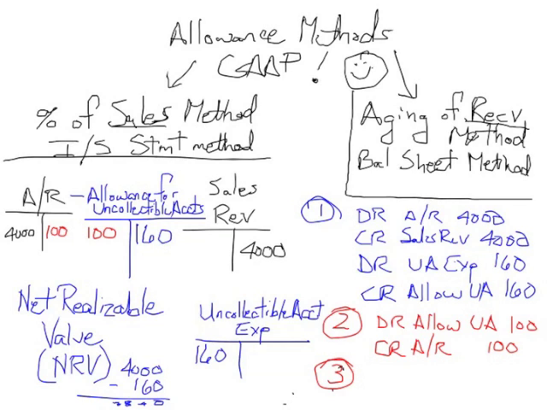So now we are going to debit accounts receivable for that $100, credit the allowance for uncollectible accounts, that $100. So we've just undone that write-off, and now we collected cash, didn't we? So we have to record that we collected the cash.